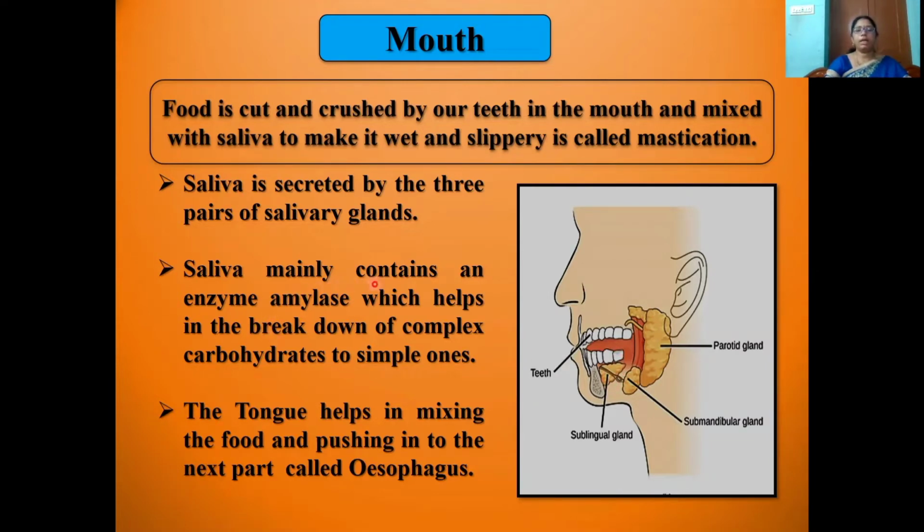Saliva mainly contains an enzyme, amylase, which helps in the breakdown of complex carbohydrates into simple ones. The tongue helps in mixing the food and pushing it into the next part, called the esophagus.